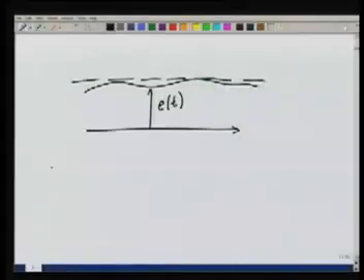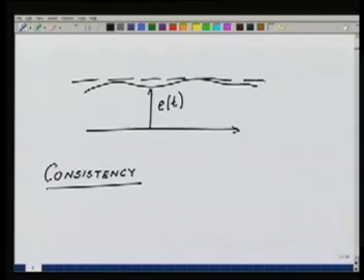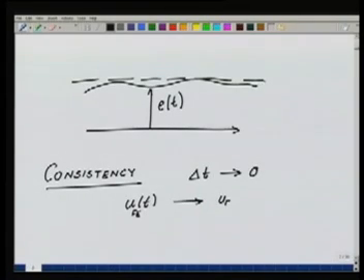Let's go to the next definition, which is about so-called consistency. The numerical scheme is said to be consistent if, as my delta t tends to 0, the solution u_FE as a function of time tends to the exact solution for the system.